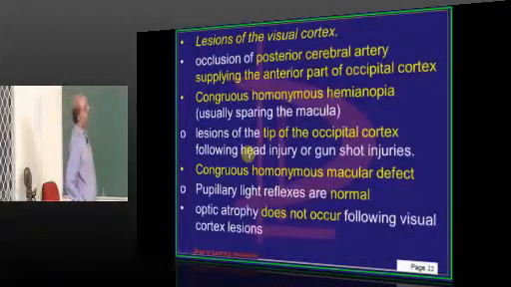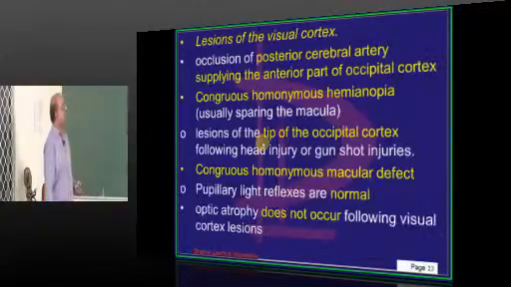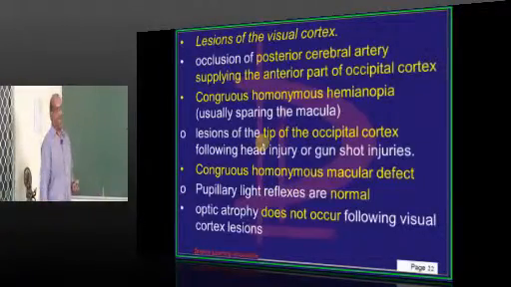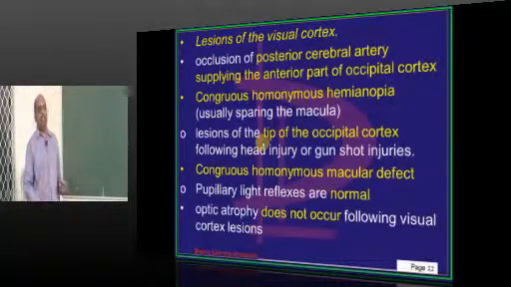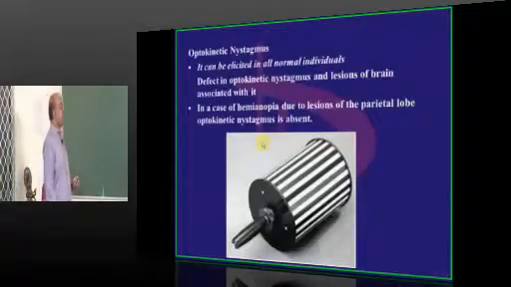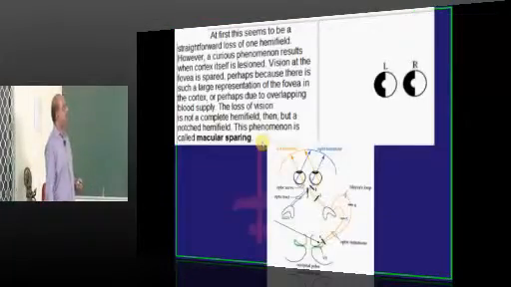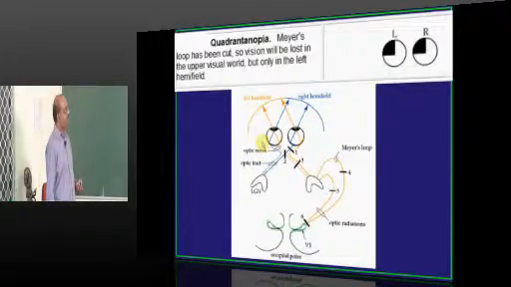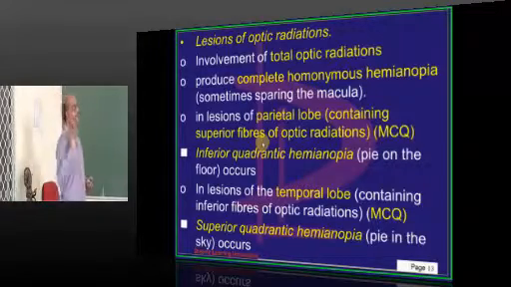So that is all the story that we need to remember. To summarize, doctor, a lesion of the visual cortex will lead to macula sparing congruous homonymous hemianopia. Even in your sleep you have to answer it correctly. Then what else will you remember? If there is an involvement of the optic radiation, what will happen?